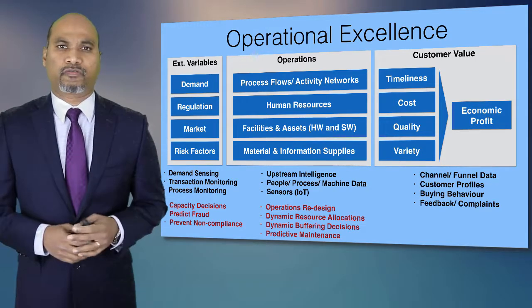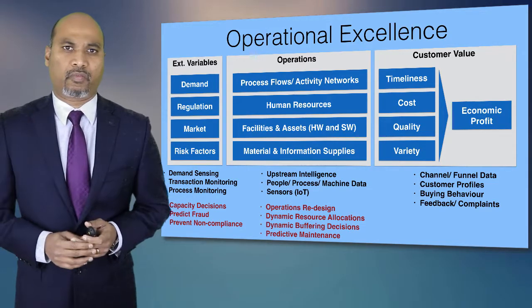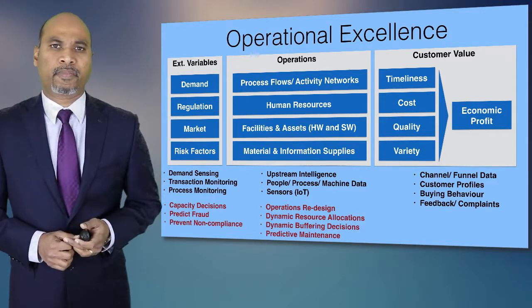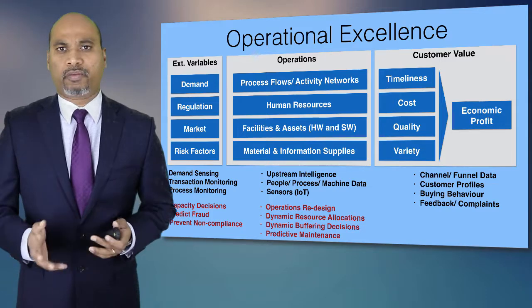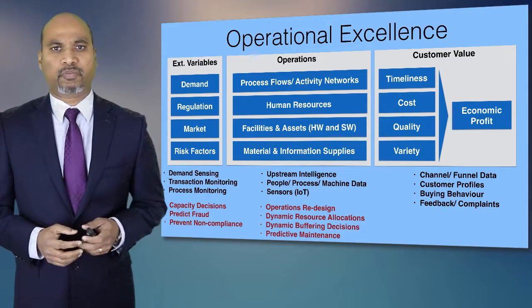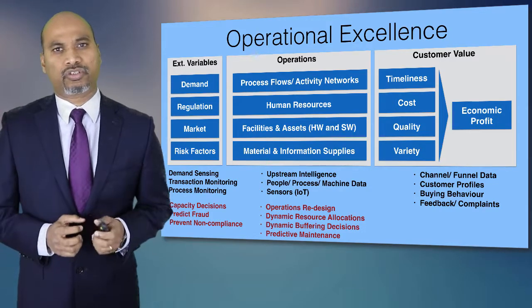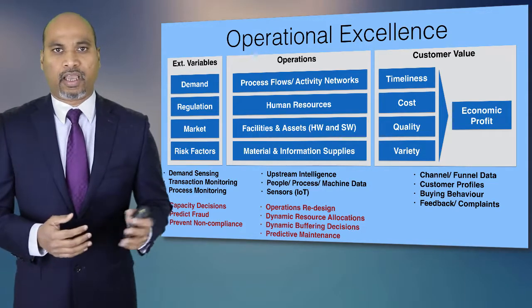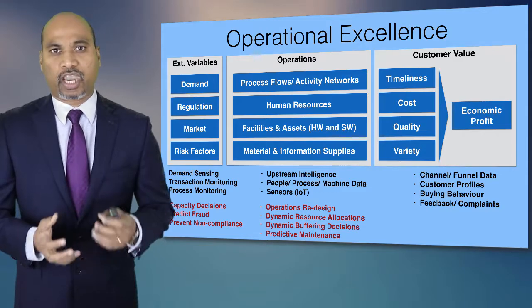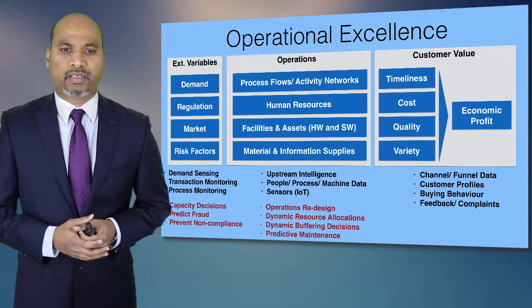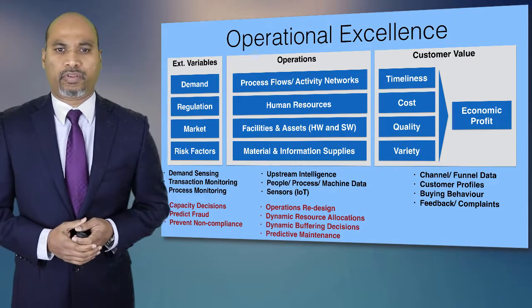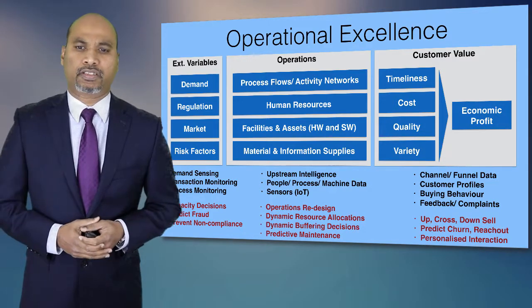There are 3 types of buffers. That's probably in another video that I could talk about. But there is a capacity buffer, time buffer, and work and inventory buffer. So you could make dynamic decisions in order to smooth your operations as the data comes in, as the dynamic variables change. Also, predictive maintenance. So these are some of the decision areas with the data as far as operations is concerned.